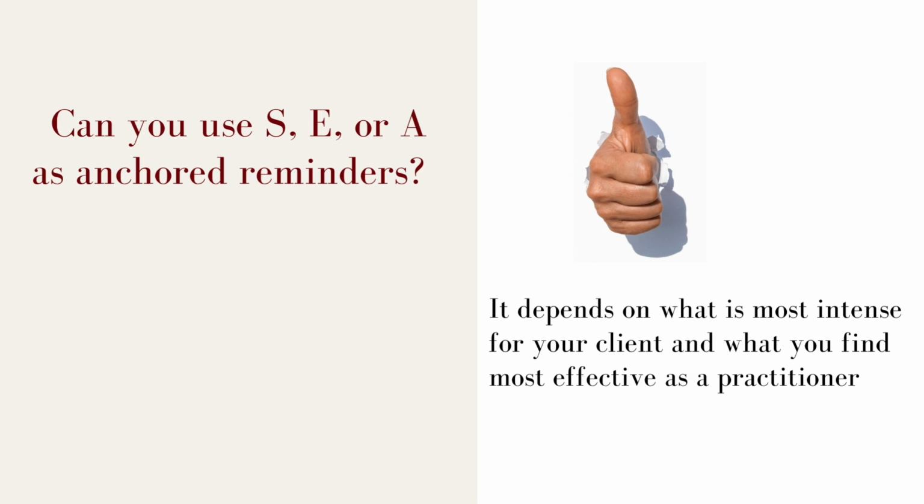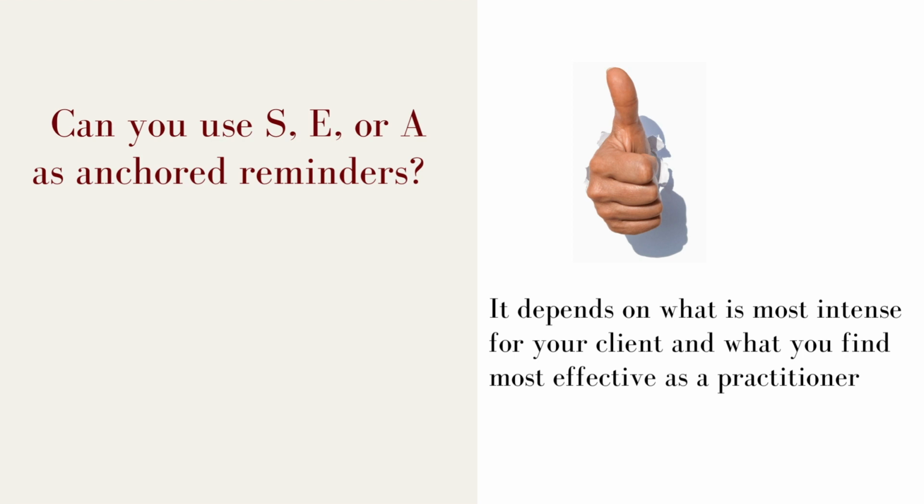As you notice in that example, I usually choose the A part of the SEA acronym as a reminder phrase. I usually use aspects because I feel the aspects are the catalysts for the emotions and for the somatic experience of that emotion. I feel that everything comes from the aspect.